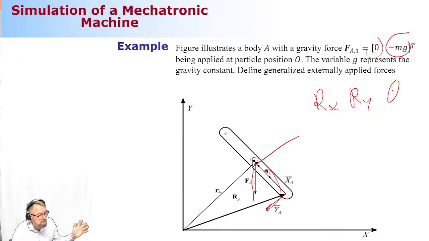No, let me correct that, because the first component is zero, but the third component will be non-zero because the force is not at the center of the body reference coordinate system. It would be a different situation if I would move my body reference coordinate system to be here in the center. Then that would mean that my third component will be equal to 0, but not this time. So let's see how it goes.